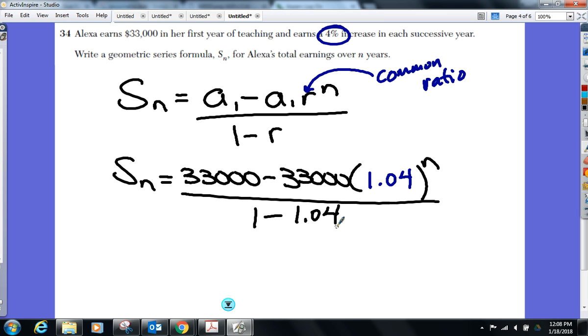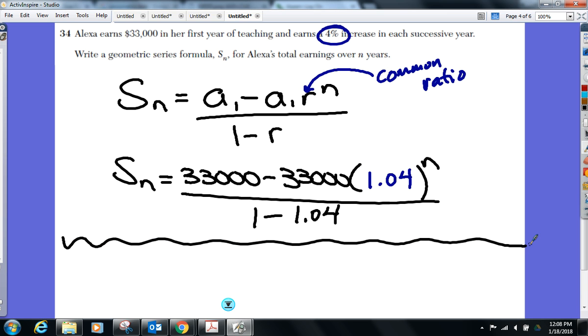And I'm going to leave you guys to part B now. How much total earnings, not what she's going to make in 15 years, total earnings after 15 years.